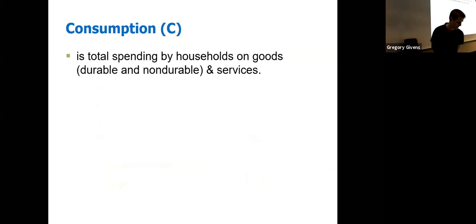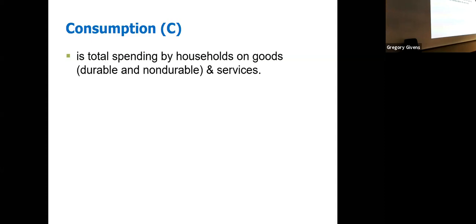Consumption is defined as spending by households on goods and services. So the spending by the household sector in our economy on final goods and services makes up the consumption spending component of GDP. It includes basically 3 types of goods. One is non-durable goods, like food and clothing.